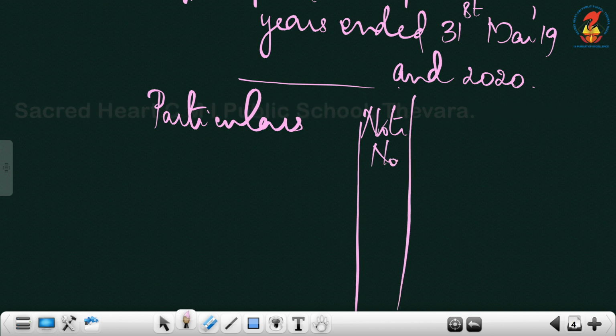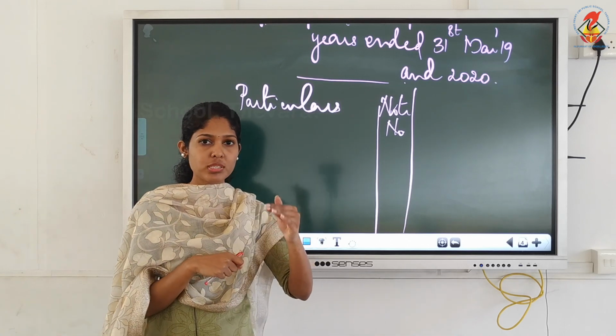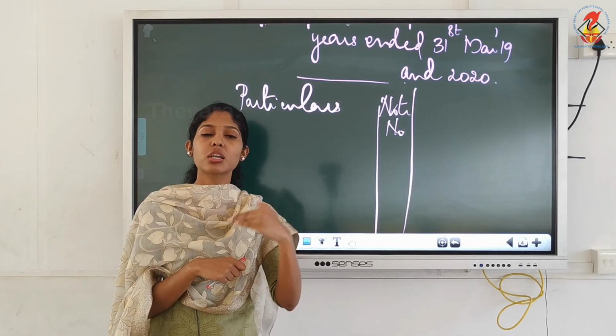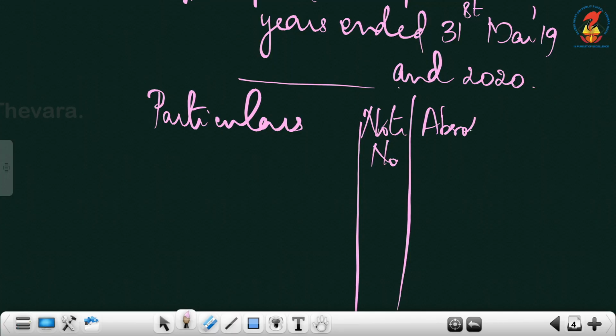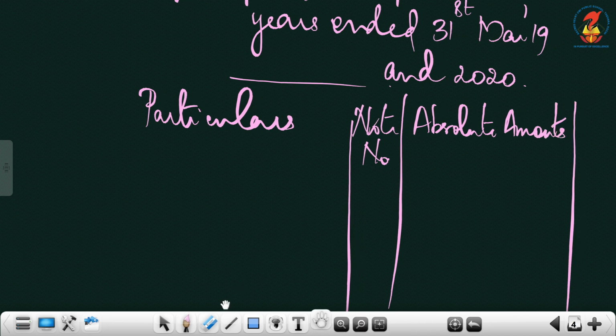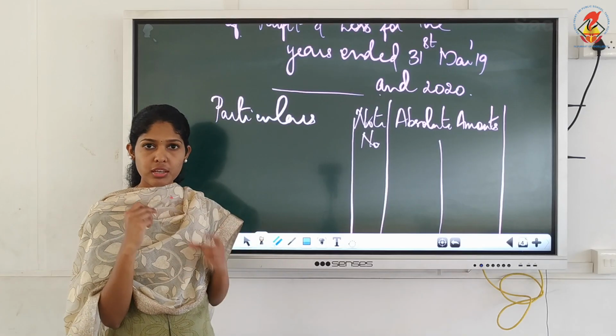Next, for comparative statement, the next 2 columns we just copied from the question. Here also we are doing the same, but give one heading on the top, that is absolute amounts. It's not absolute change, it's not a comparative statement. We are just writing the figures given in the question itself.